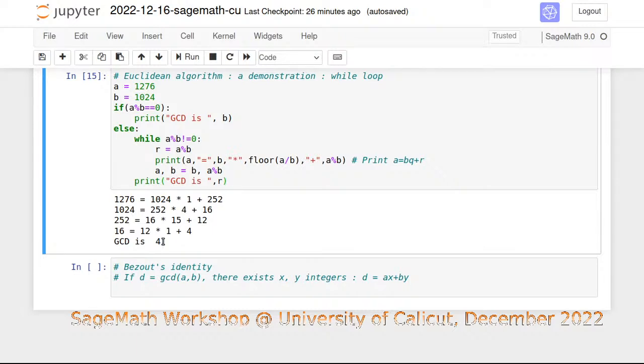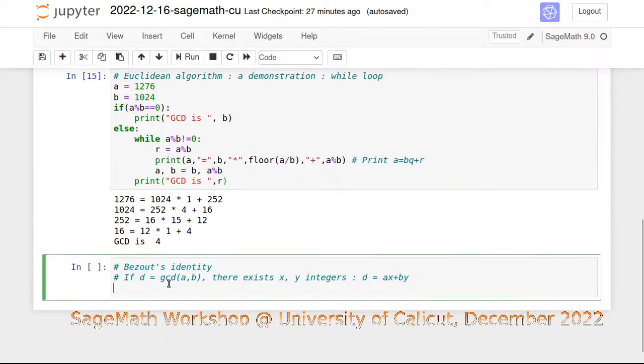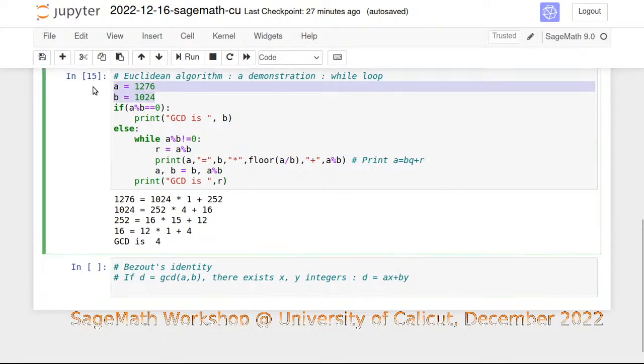Finding the Bezout identity coefficients in Sage is very easy, because there is already a built-in command. I will show that first. The Sage command available is xgcd. It's not gcd, the command is xgcd. Suppose we take these two numbers.